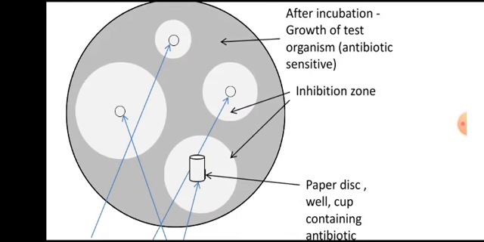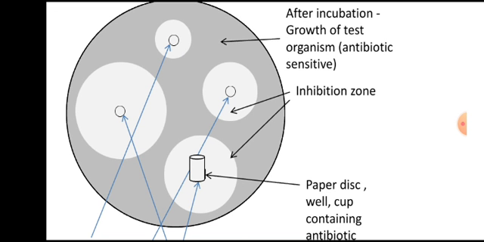You can see that the disc containing 10 micrograms per ml shows a zone of inhibition. Wherever the antibiotic is absent, you'll find growth of the test organism, and in the zone around the disc where the antibiotic has diffused, there will be absence of any growth of the organism. It is called the inhibition zone.